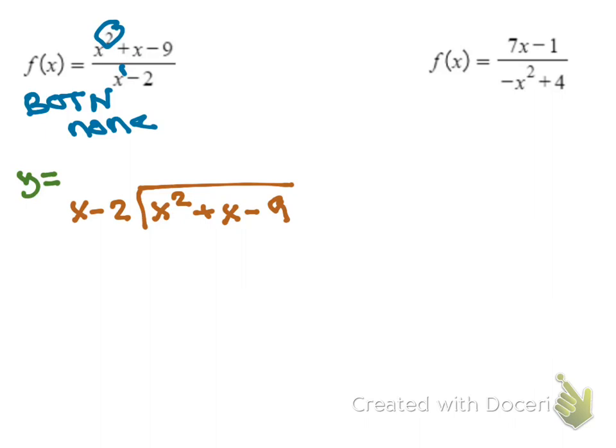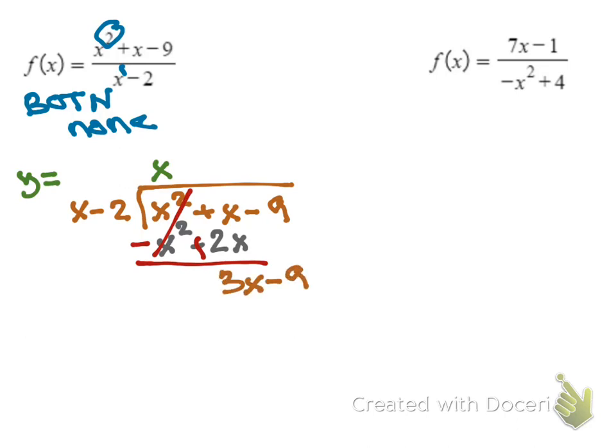So x goes into x squared, x times, and so we will have multiplying here, x squared minus 2x, and then remember, we draw our line and change our signs, so those cancel, and then coming down here, we're going to have a 3x minus 9.